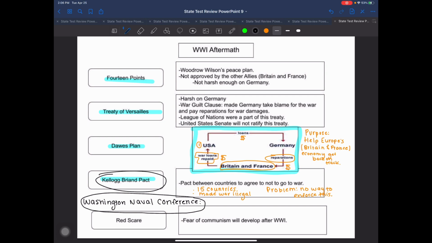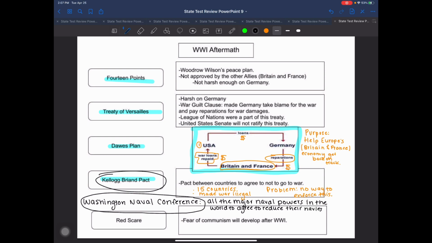We hold this other thing called the Washington Naval Conference, where we get all the major naval powers in the world to agree to reduce their navies.